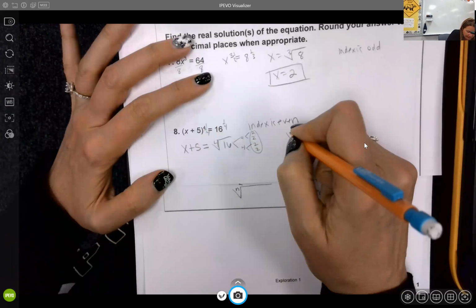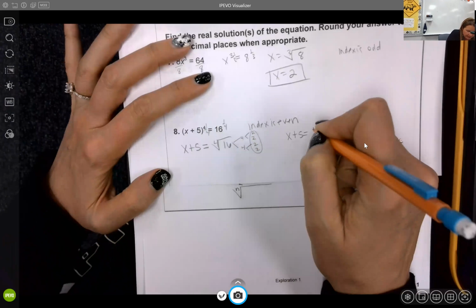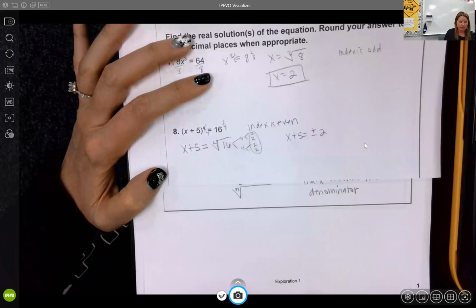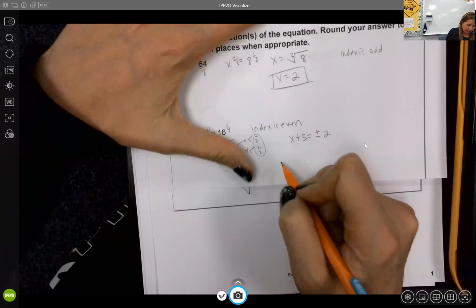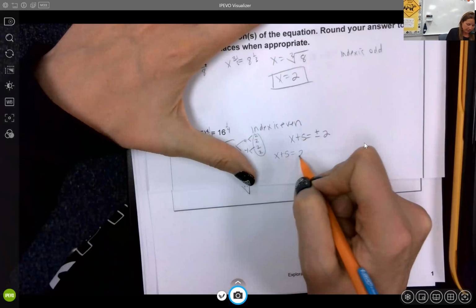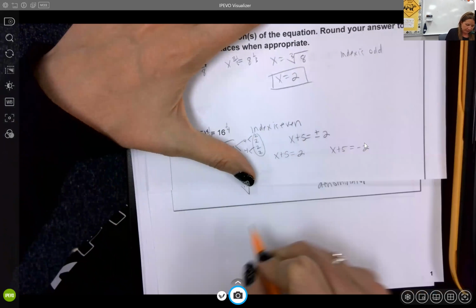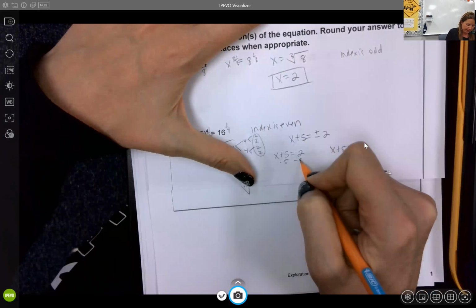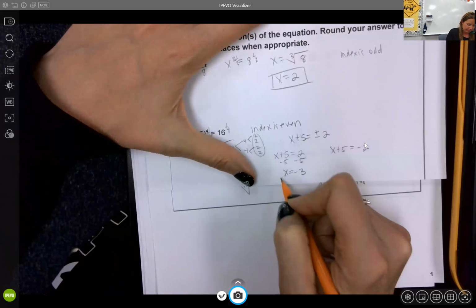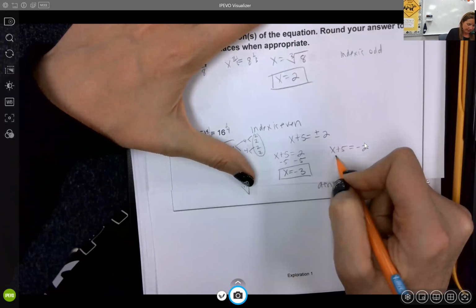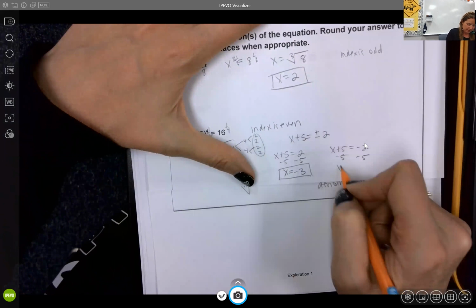So x plus 5 equals plus or minus 2 because the index was even. So I'm going to write that as 2 equations, positive 2 and negative 2. And then we subtract 5 and we get x equals negative 3 and x equals negative 7.